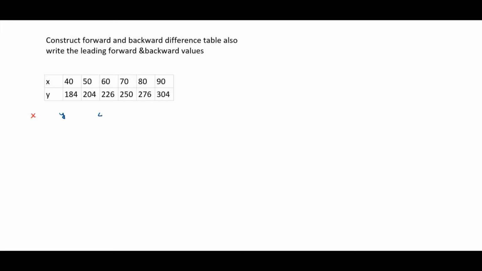Here I will write delta y or del y for forward as well as for backward. Similarly, delta square y or del square y. Here I will write delta cube y or del raised to cube y.